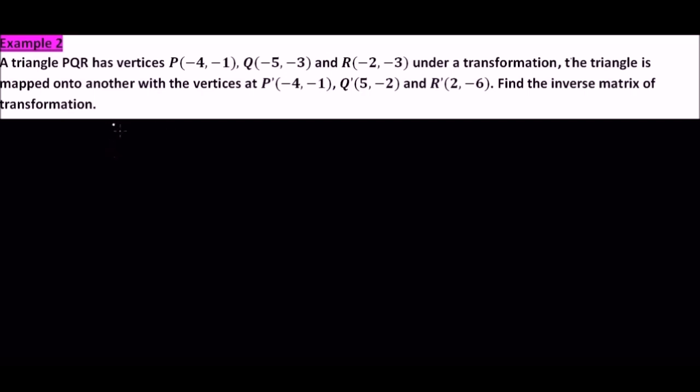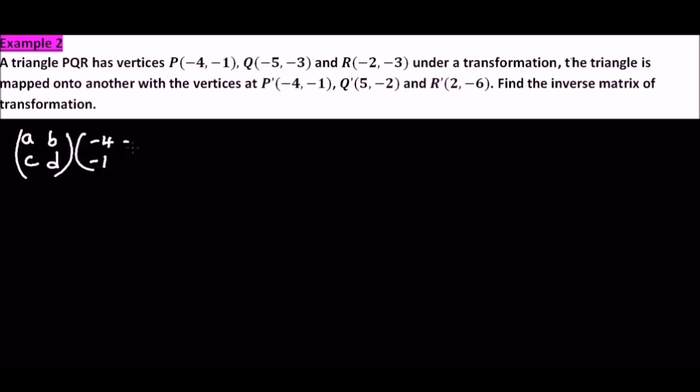Now, here we need to find the matrix. So first we need to find the matrix of transformation. So let's call our matrix of transformation a, b, c, d. And when you multiply this transformation matrix, we have covered this in our earlier lesson, you multiply by the matrix formed by the vertices of our object. This is minus 4, minus 1.